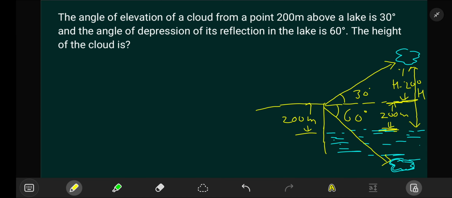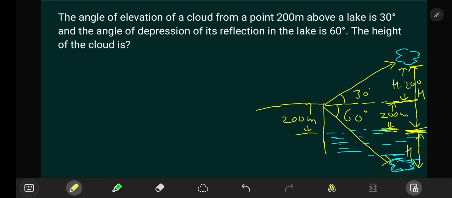H minus 200 meters. As we know, the reflection will be at the same distance. Surface of the water to the cloud is h meters. Now surface of the water to the reflection is also h meters. I said the same in the previous slides.